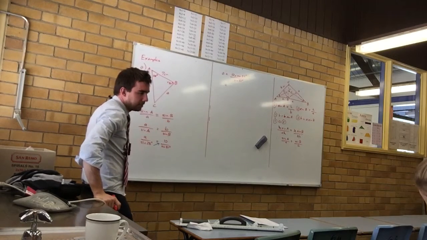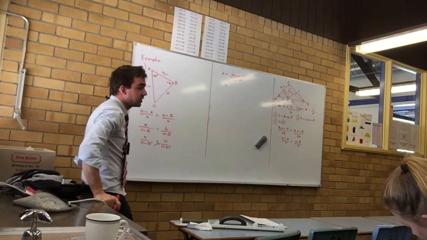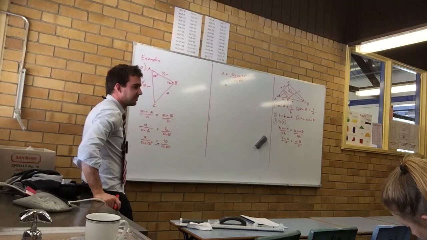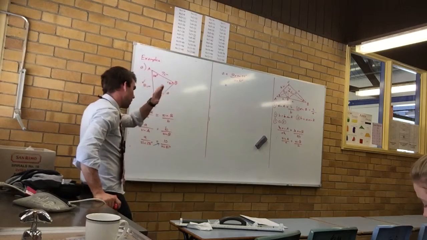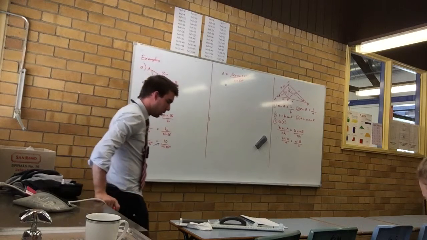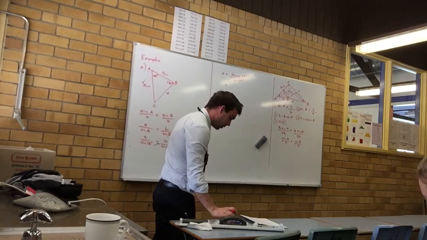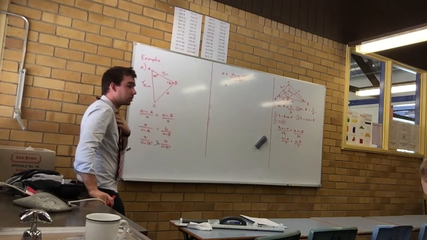Right, let's put that in the calculator. Make sure your calculator's in degrees mode. There should be a capital D on the top of the screen. And we need that correct to 2 decimal places. 4.75.